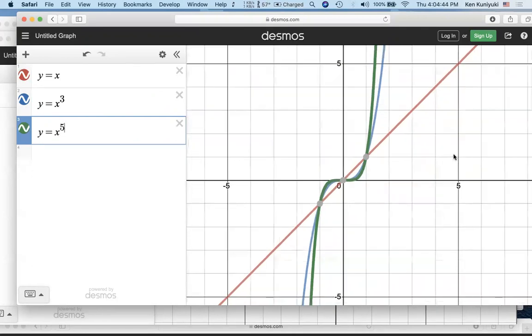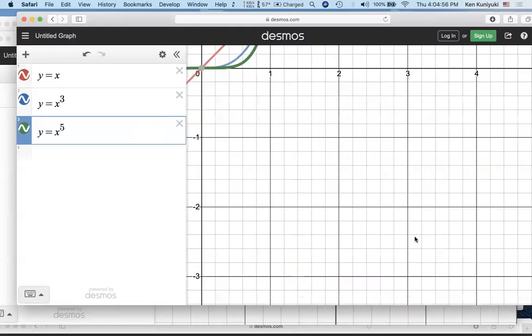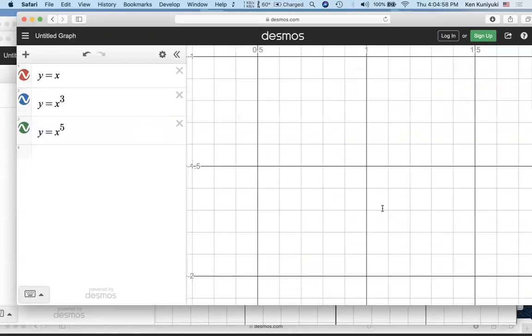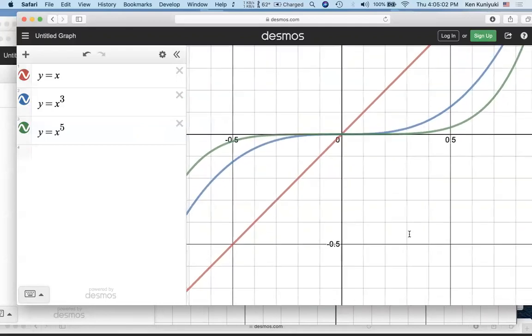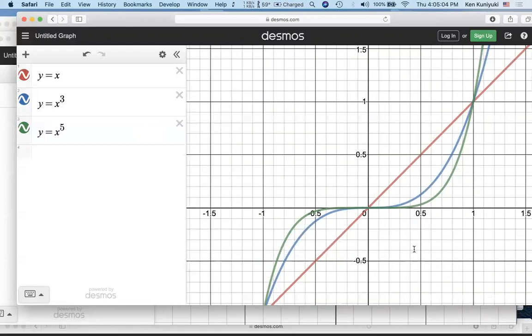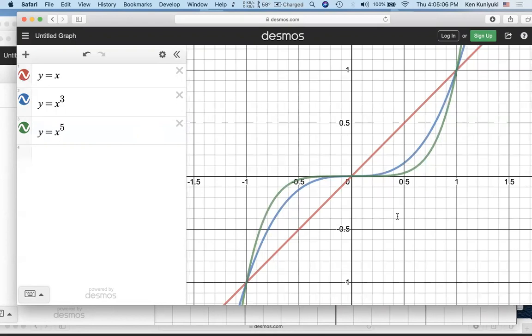All right. Notice, away from x equals 0, the green graph is steeper than the blue or the red graph. But if you zoom in close to x equals 0, for values of x like 1/2, or 1/4, or 0.1, or 0.9, notice that the green graph, y equals x to the fifth, is actually very flat compared to the blue and red graphs.